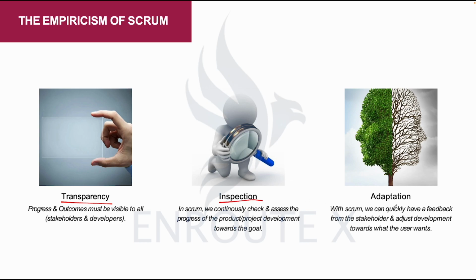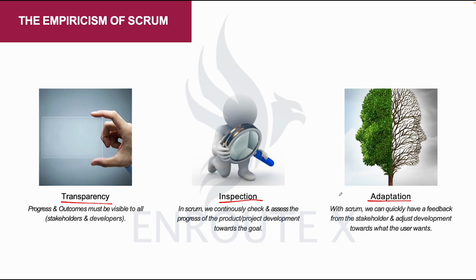Transparency, inspection, and adaptation. So when we say the empiricism of Scrum, it is a fundamental concept that underpins the Scrum framework for agile project management. Empiricism in Scrum is based on the principles of transparency, inspection, and adaptation. It emphasizes the importance of using empirical data and feedback to make decisions and continuously improve processes.